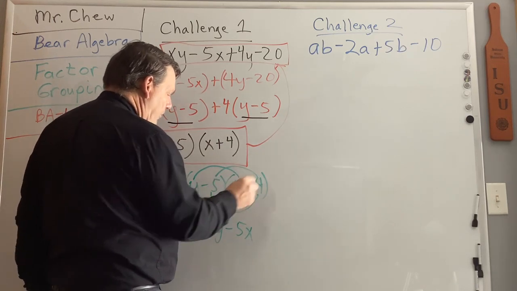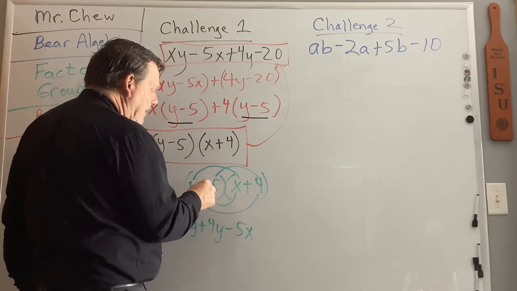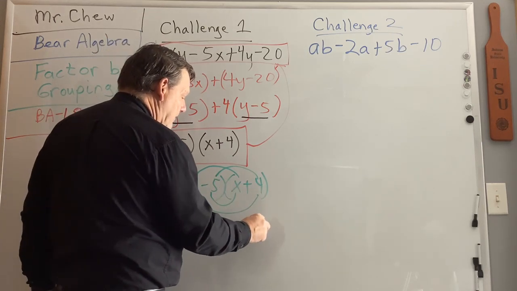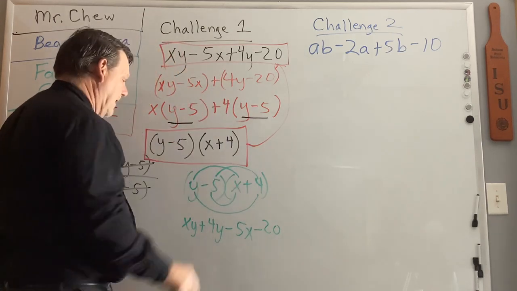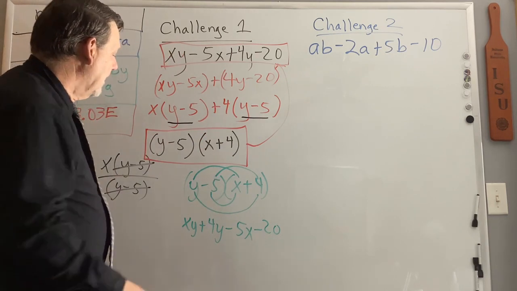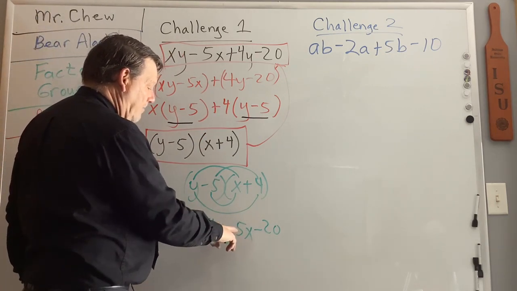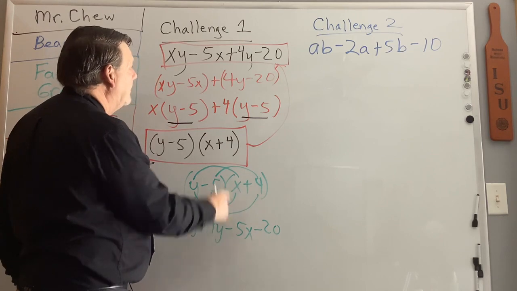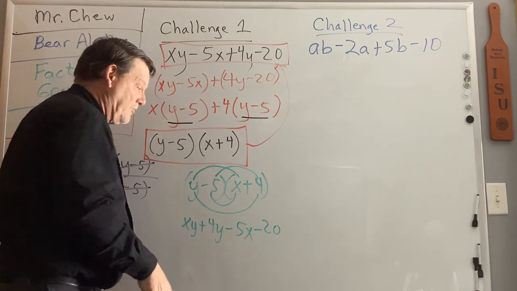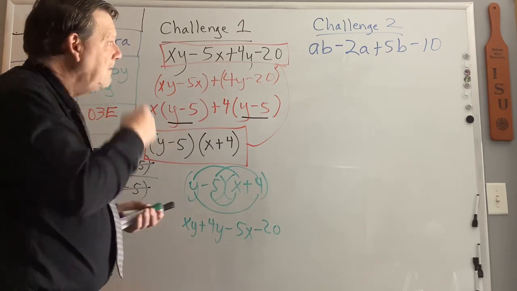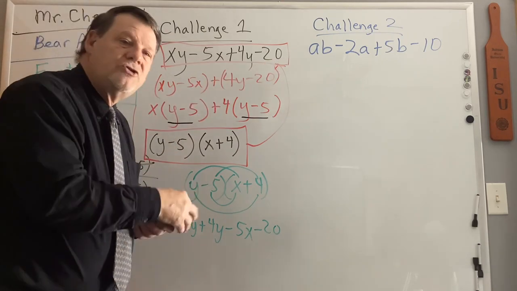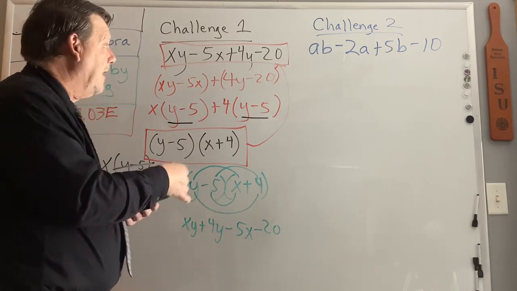And then last, negative 5 times 4 is negative 20. Did I get the same thing? I sure did. These were just flipped around, but you can add or subtract in any order. See how all of the terms are the same with the signs? Now when I check challenge 2, I'll use the distributive property to do that.